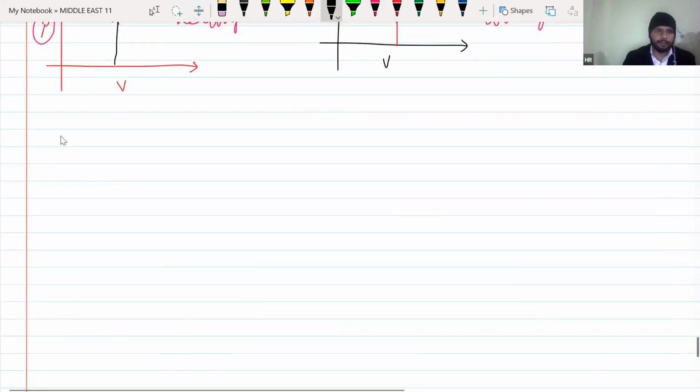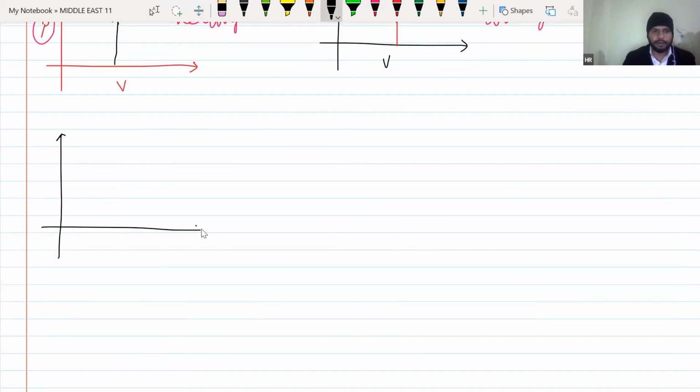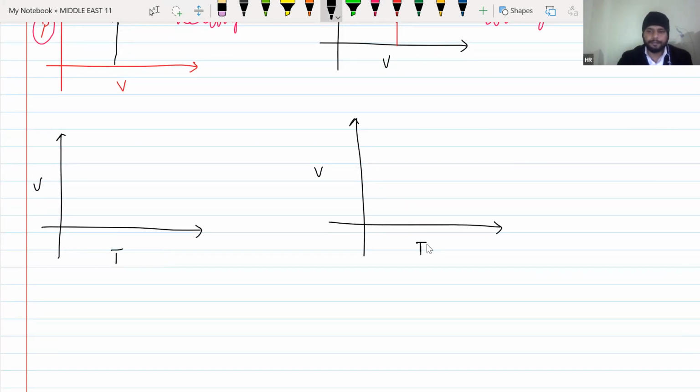We have V versus T. Now plot it and let me know. There will be two graphs of V versus T depending upon the direction. Done, sir. Okay, Krishna?